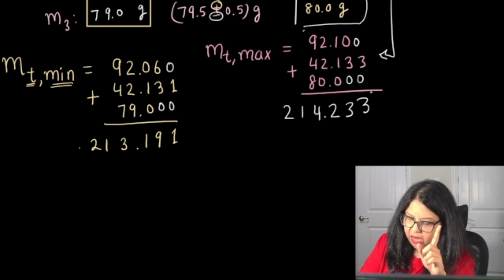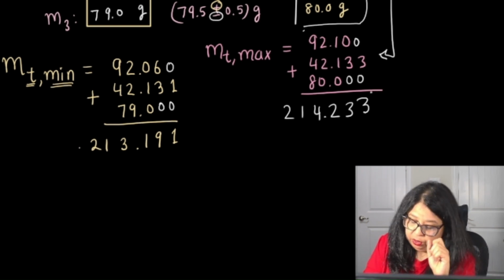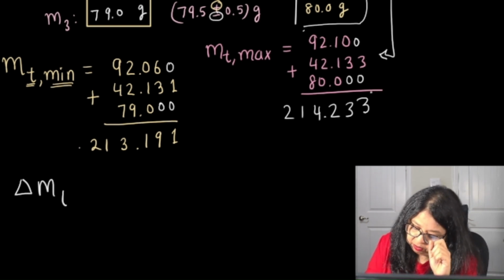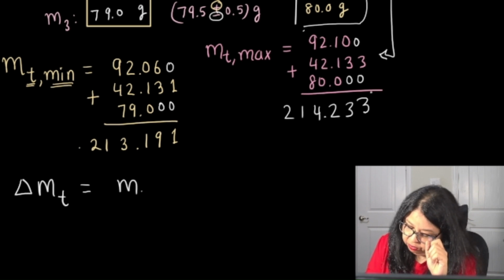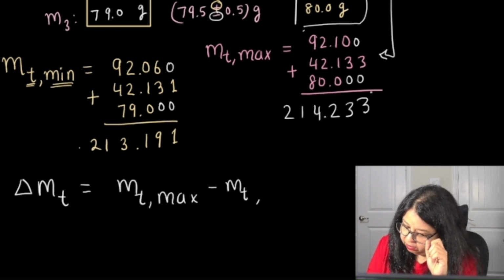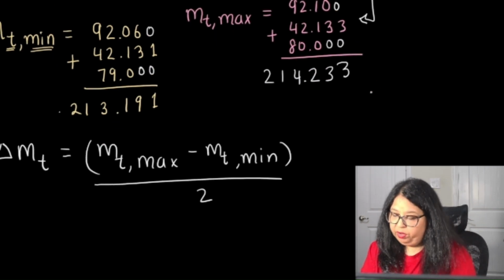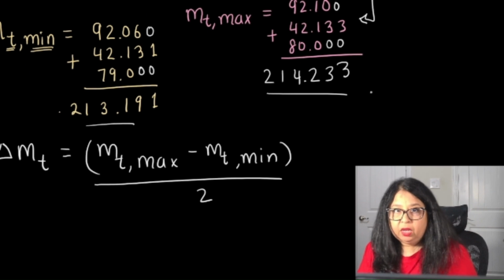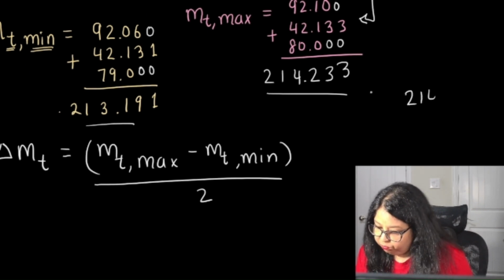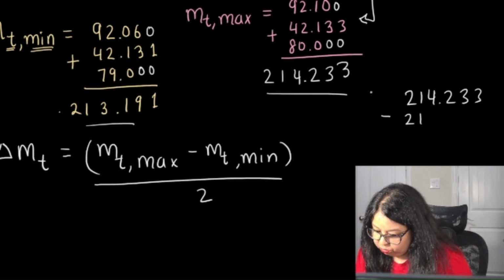Alright. Now, to get the uncertainty in M, this M total's uncertainty will be the range, M total max minus min, divided by 2. So let's go ahead and find this range now. That range will be 214.233 minus 213.191.